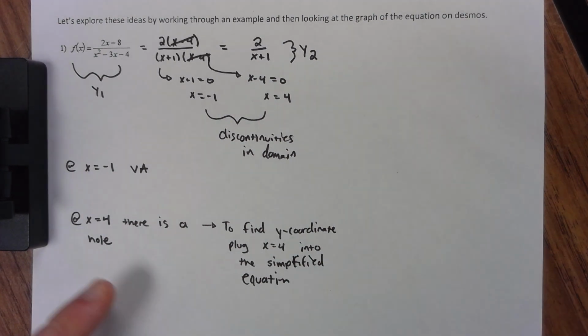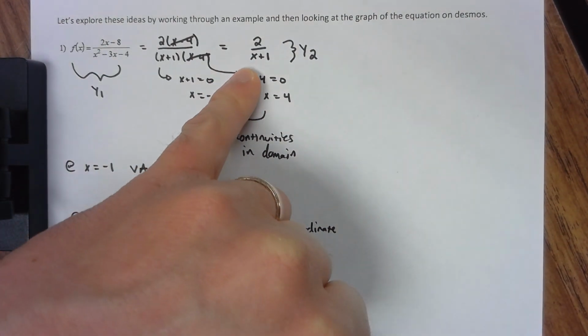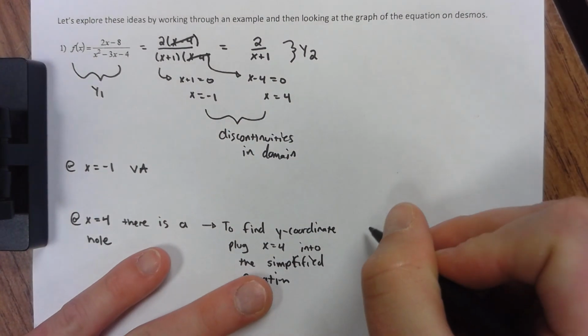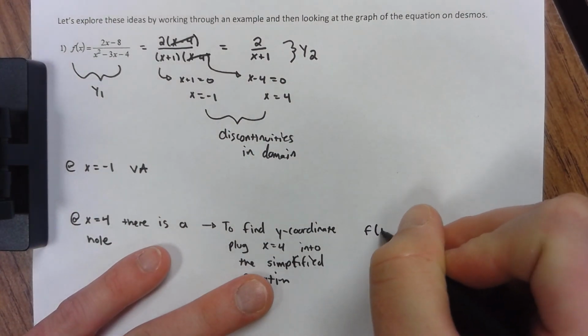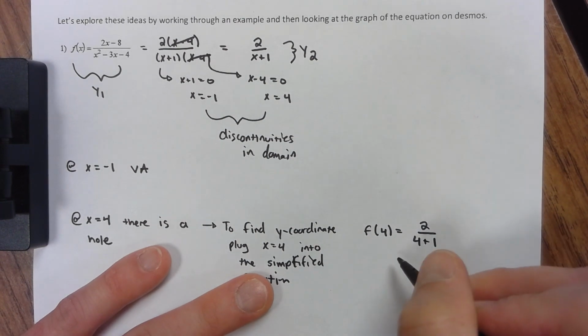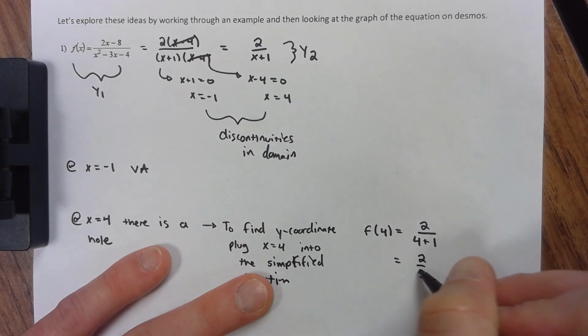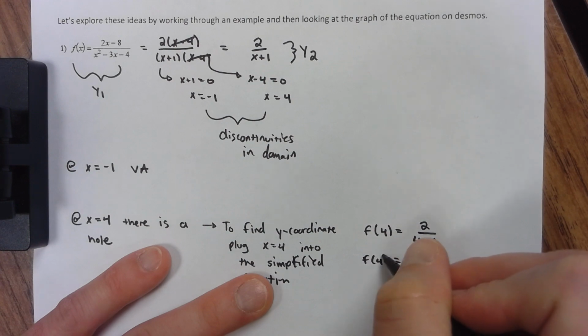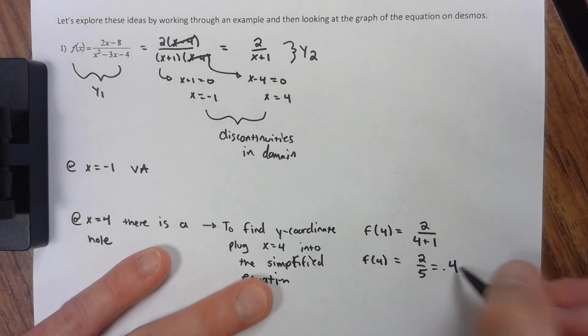So I'm going to take x equals 4. I'm going to plug it in for this x right here. So f of 4 equals 2 divided by 4 plus 1, which is 2 divided by 5, which is 0.4.